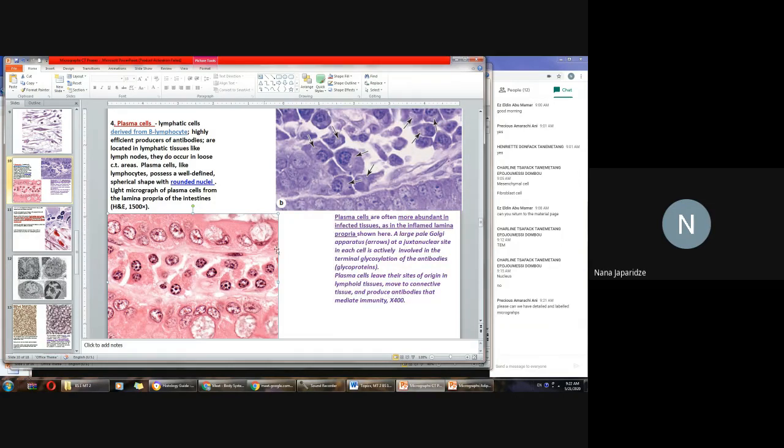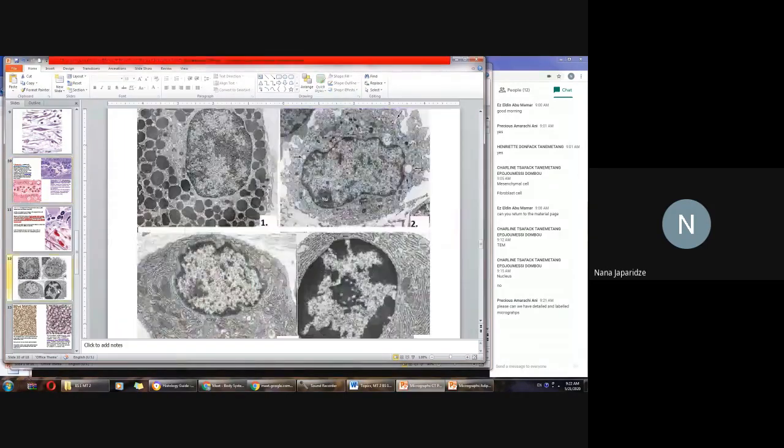Okay, so here we have plasma cells. And look, plasma cells are also quite active cells. They have both, as here, heterochromatin, euchromatin, but very well developed rough endoplasmic reticulum.